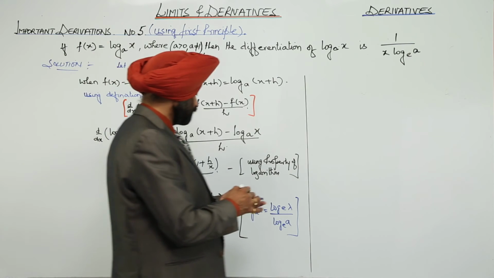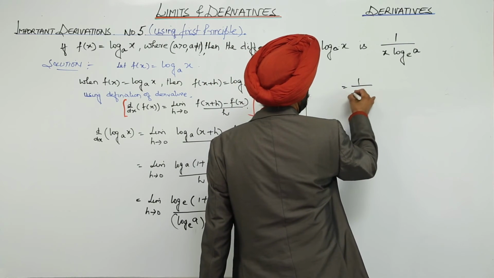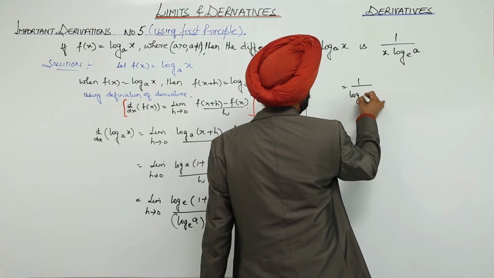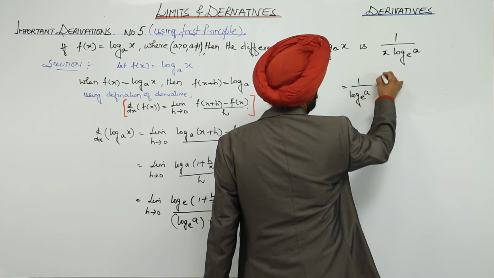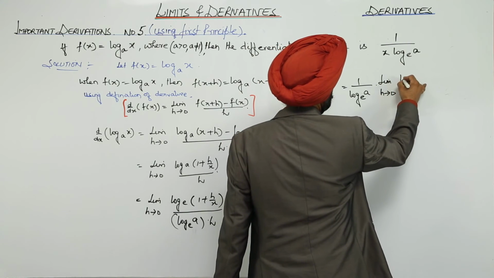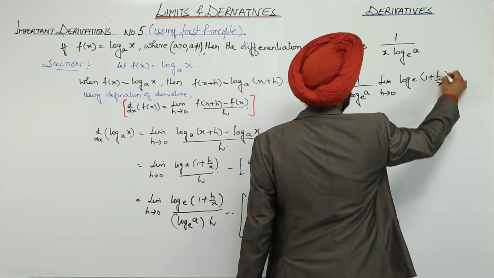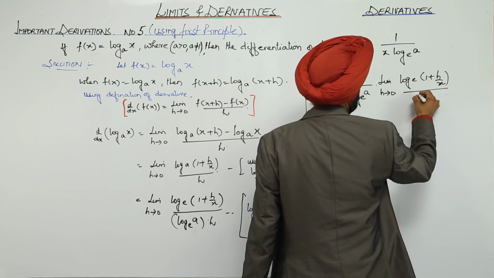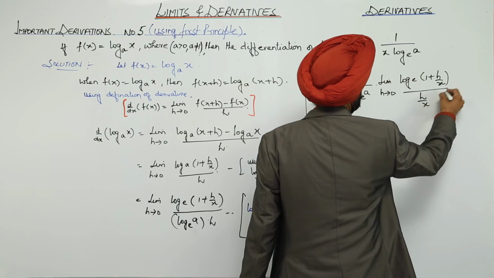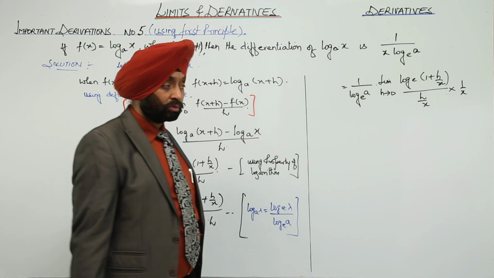Now this becomes 1 upon log e a, limit h approaches to 0, log e (1 plus h upon x) upon h upon x, times 1 by x, okay.